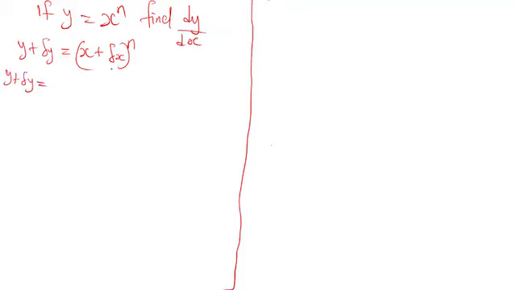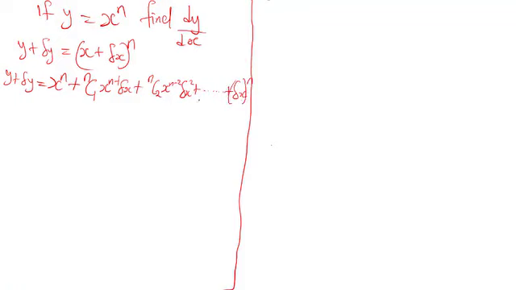According to binomial, expanding this, you now have x raised to power n plus n combination 1, x to the power n minus 1 times change in x, plus n combination 2, x to the power n minus 2 times change in x squared, plus, until change in x raised to power n.